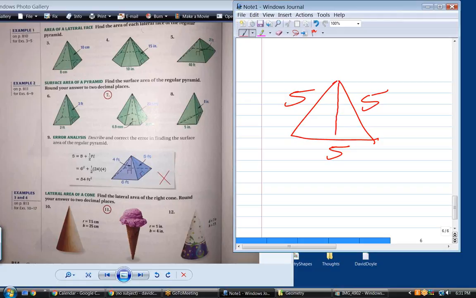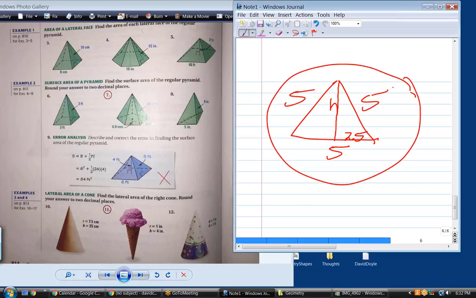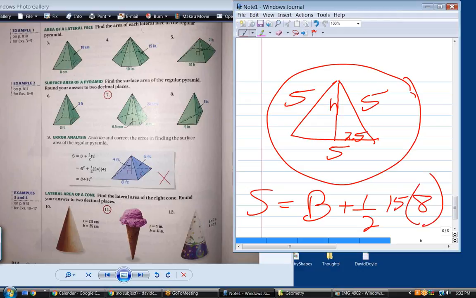Drop a vertical, splits that into 2.5, solve for the height. Now you can figure out the area of the base. So the surface area becomes the area of the base plus 1/2. The perimeter is going to be 15, and lambda they give us is 8. So the only thing tough about number 8 is solving the triangle, the area of that base.